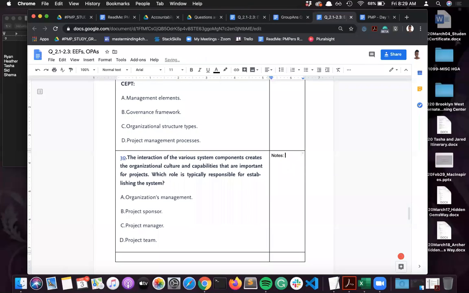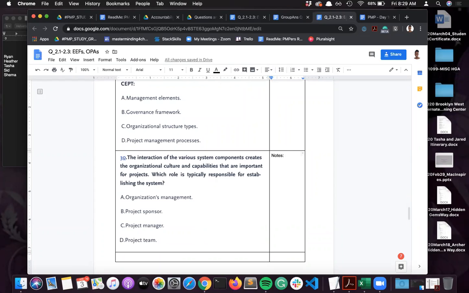Okay, Seema. The interaction of the various system components creates the organizational culture and capabilities that are important for projects. Which role is typically responsible for establishing the system? A, organization's management, B, project sponsor, C, project manager, D, project team.